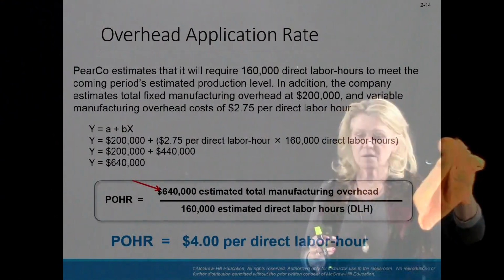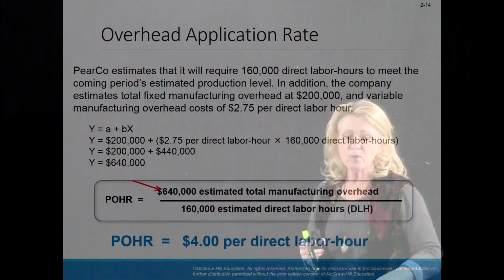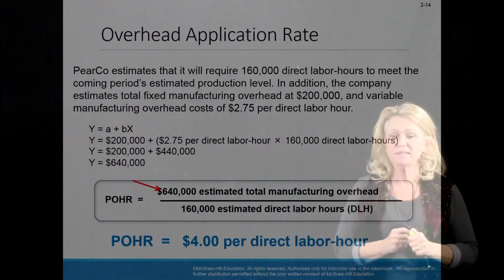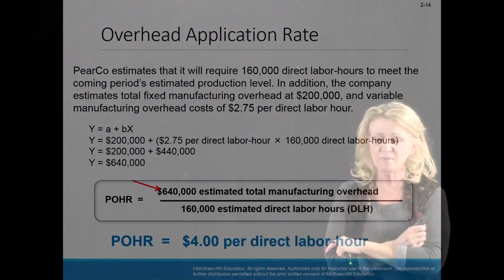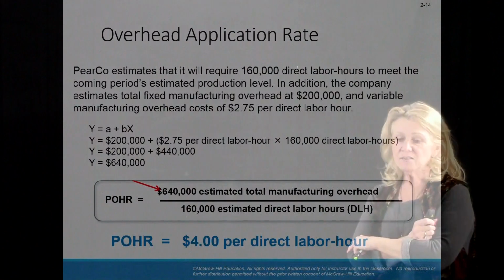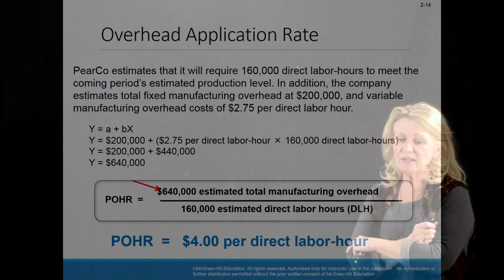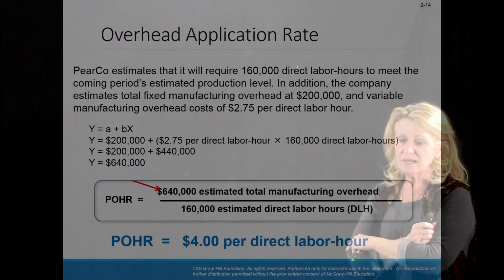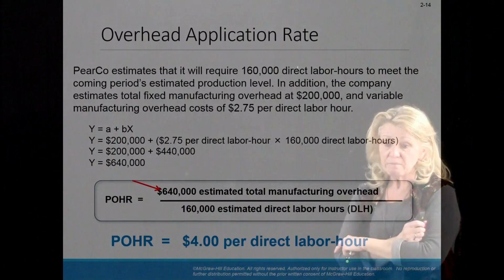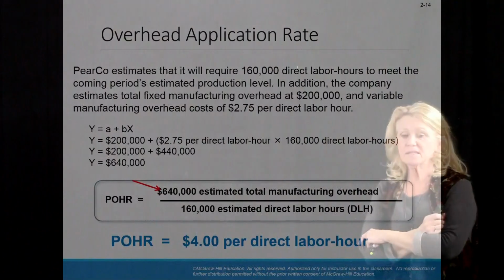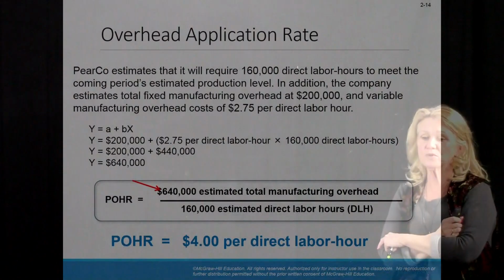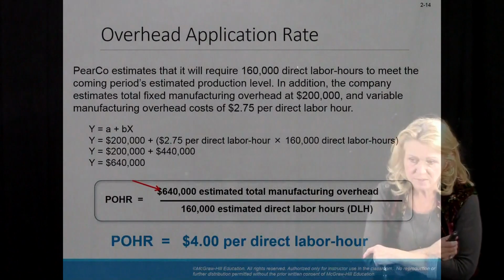All right. So they estimate that it will require 160,000 direct labor hours to meet the coming period's estimated production level. In addition, the company estimated total fixed manufacturing overhead at $200,000 and variable manufacturing overhead costs of $2.75 per direct labor hour.